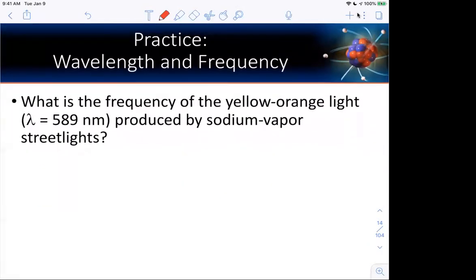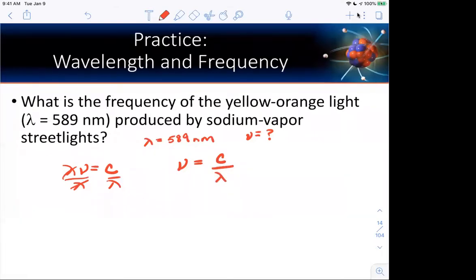So let's try this one. Here I have a lambda of 589 nanometers. And the frequency is what I'm looking for. If I use lambda nu is equal to c, I divide by lambda, and what I get is nu is equal to c divided by lambda. This is equal to 3.00 times 10 to the 8th meters per second.